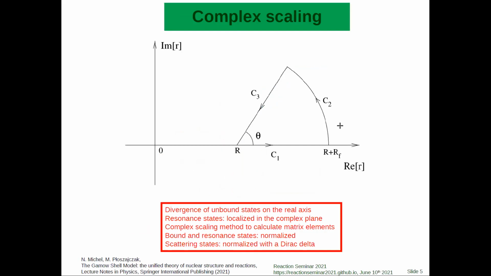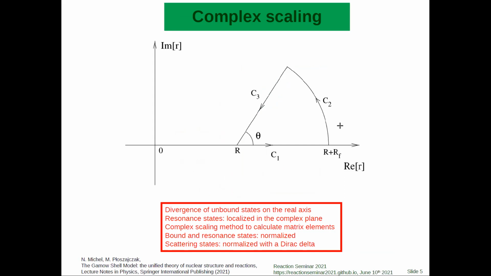We also have to consider the calculation of matrix elements and normalization. This is done with the complex scaling. Indeed, on the real axis, states diverge because they are unbound, so that one had to develop a new method to calculate matrix elements.